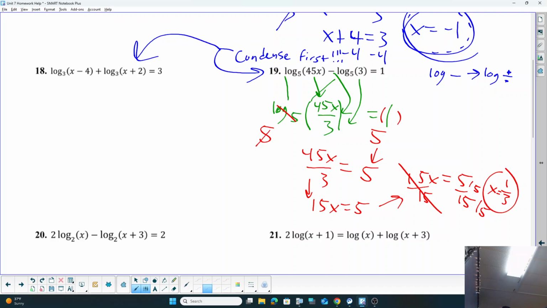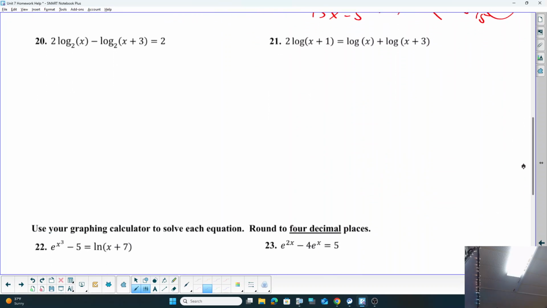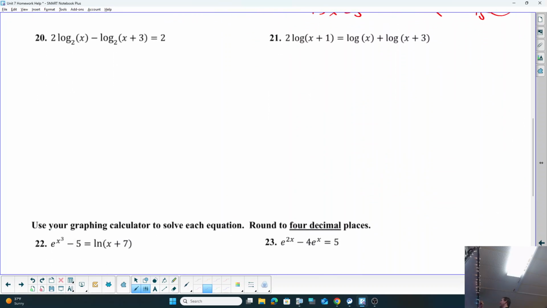And plug it back in, it should work, because 1/3 of 45 is 15. And then we have 5 to the 15 power minus 5 to whatever power equals 3, and it should equal 1. If you plug that back in, I don't have time. I gotta keep going. Okay, so make sure you plug them in.